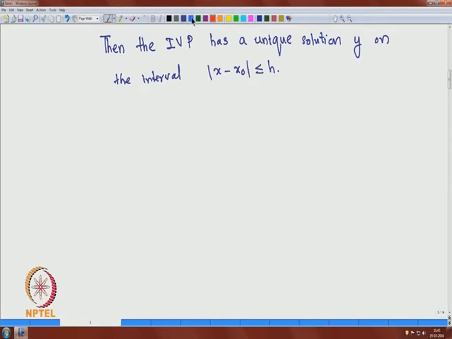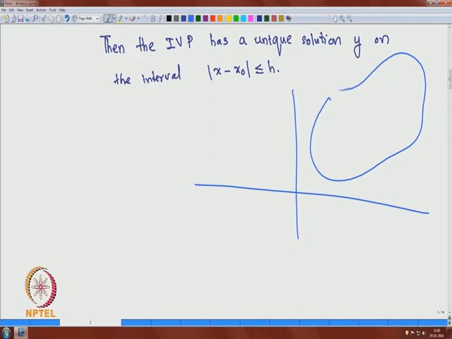So, if I look at this, this is the domain D, and inside the domain we define a rectangle.